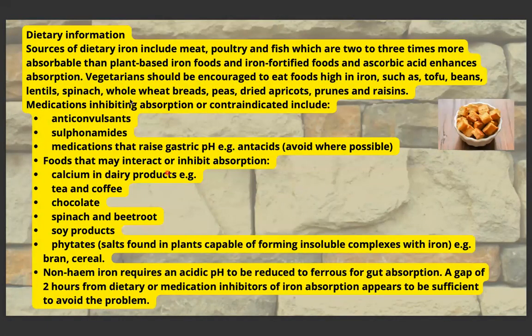Again, I'm focusing on the dietitian because most of the anemia is due to improper diet. So it's better to avoid antacid. They found that it increases the anemia. And also the tea, the coffee, the chocolate, all these can increase anemia.